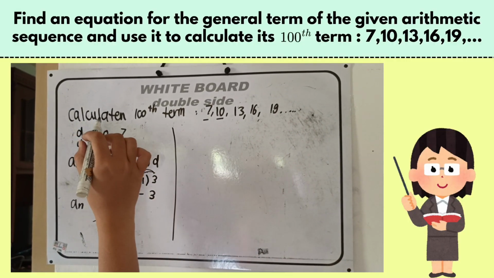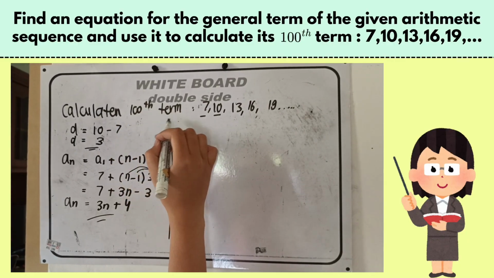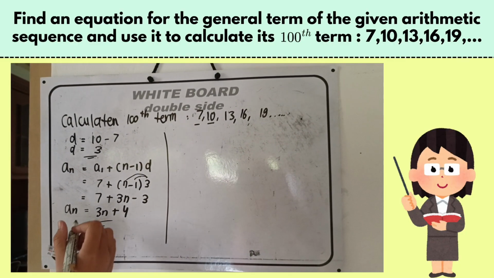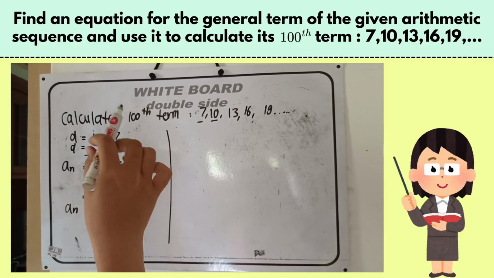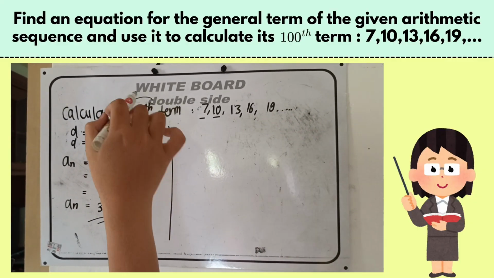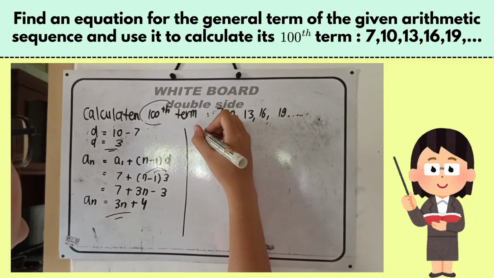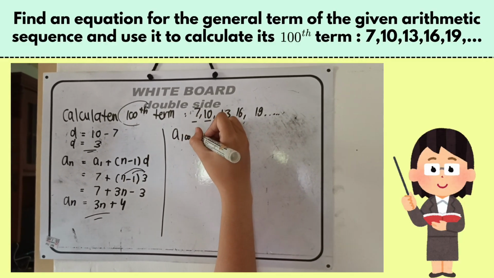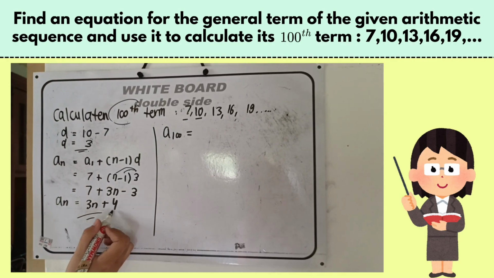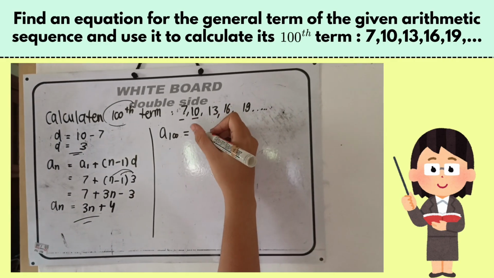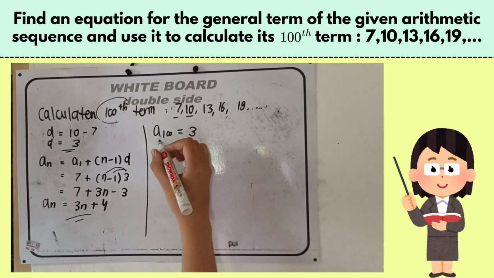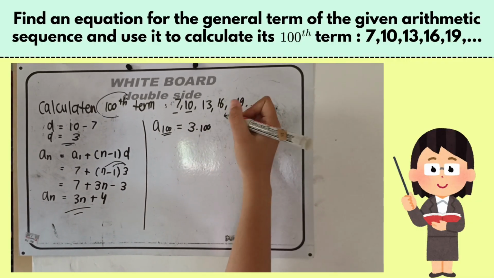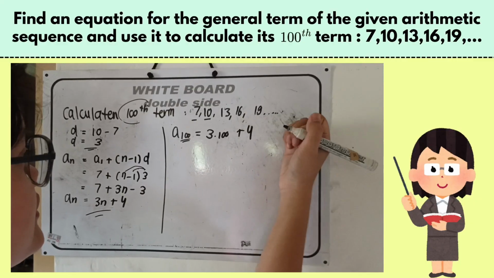And look at this. Calculate the 100th term, because this is just a sub n. So if we want to find the 100th term, we can write a sub 100 equals, and we write again here 3 times n, where n is 100, so 3 multiplied by 100 plus 4.